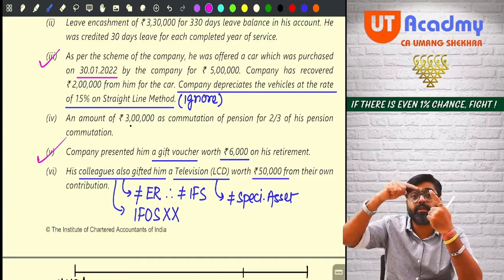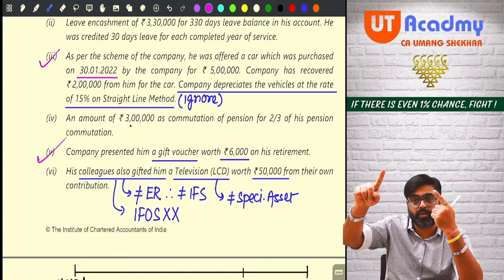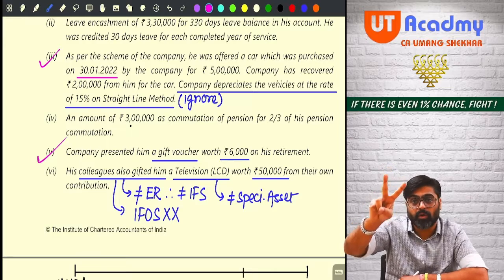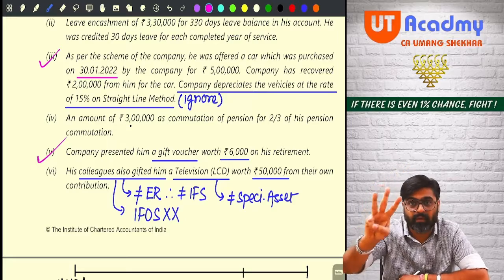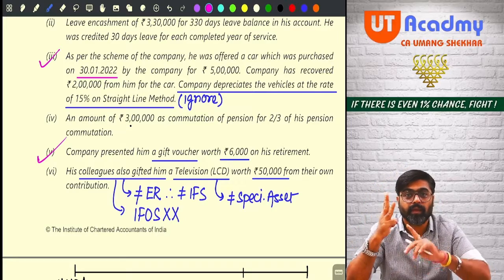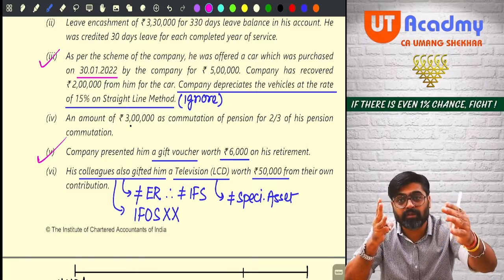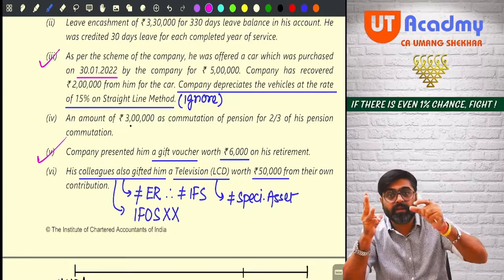30th January 22 to 30th January 23, 1 year of use. Then 30th January 24, 2 years of use. 30th January 25, 3 years of use. And then on 31st January 25 he is retiring, and on that day he is given this car.